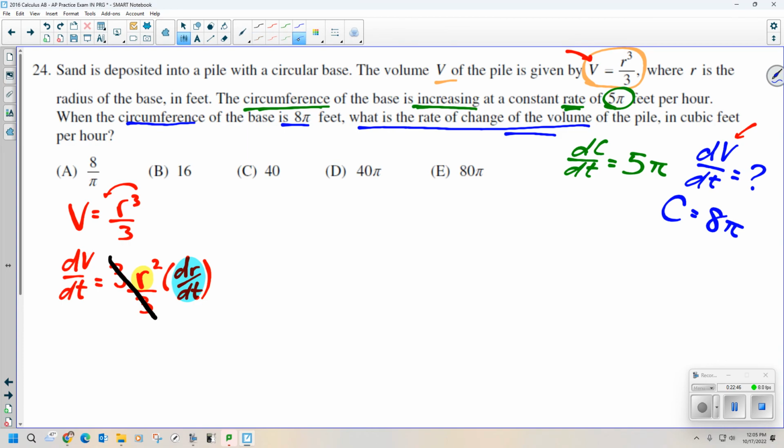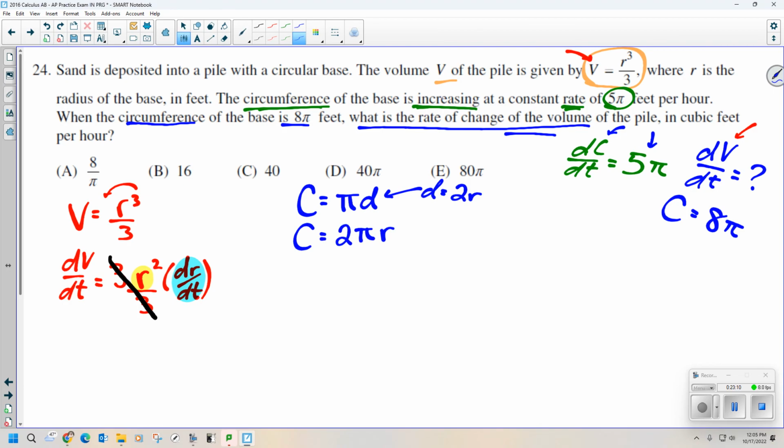All right? So let's start and see if we can't figure this out. The change in rate of circumference is 5 pi. Let's do that first. Circumference is pi times diameter. But you best know that diameter is 2 times the radius. So I'm going to say it is 2 times the radius.